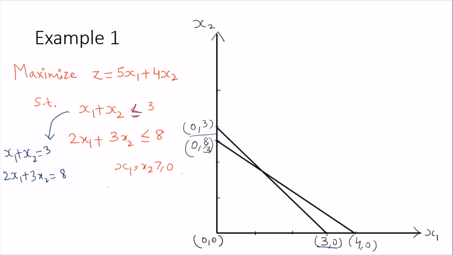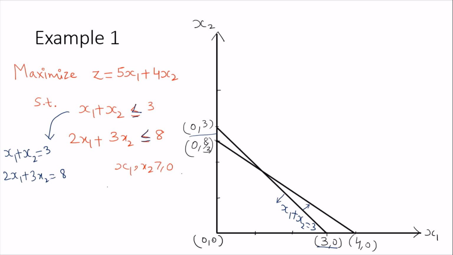Once you have drawn the lines of constraints, you have to look at their signs of inequality, because the constraints are not equations, they represent regions. Since you have just drawn x1 plus x2 equals 3, x1 plus x2 less than or equal to 3 will be a region, either on this side of the line or on that side.